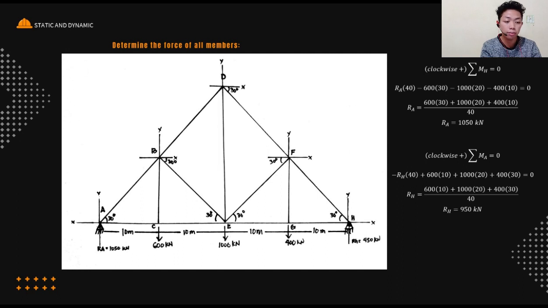The result is RH equals 600 times 10 plus 1,000 times 20 plus 400 times 30 all over 40. So the value of RH would be 950 kilonewtons.